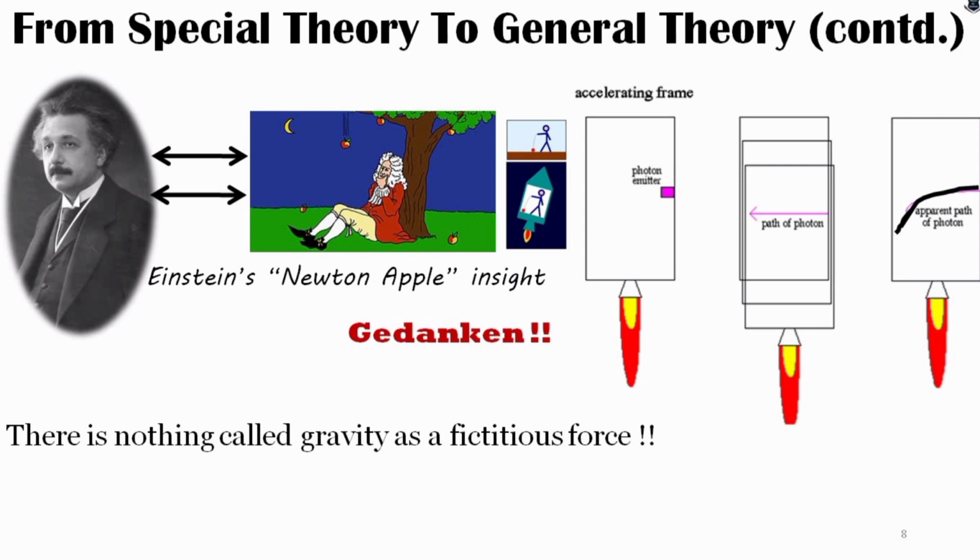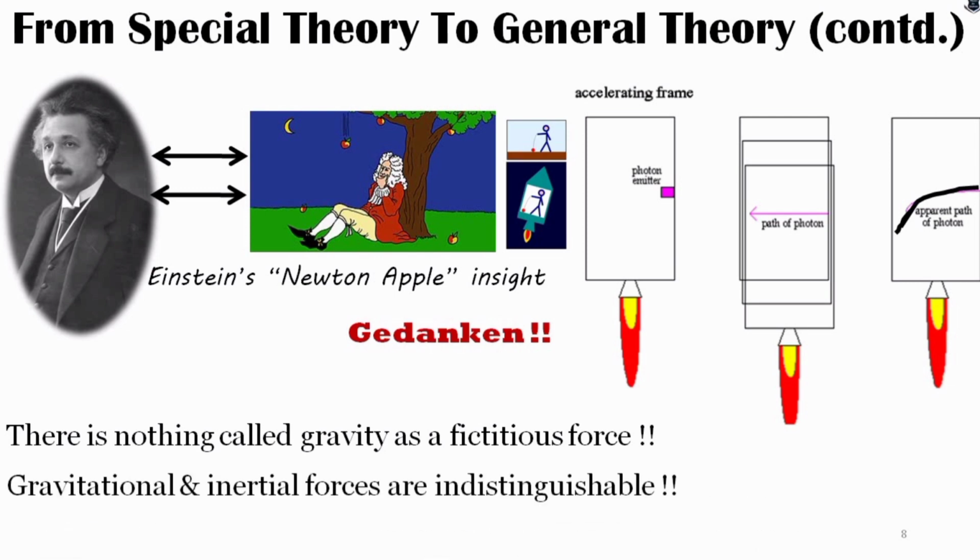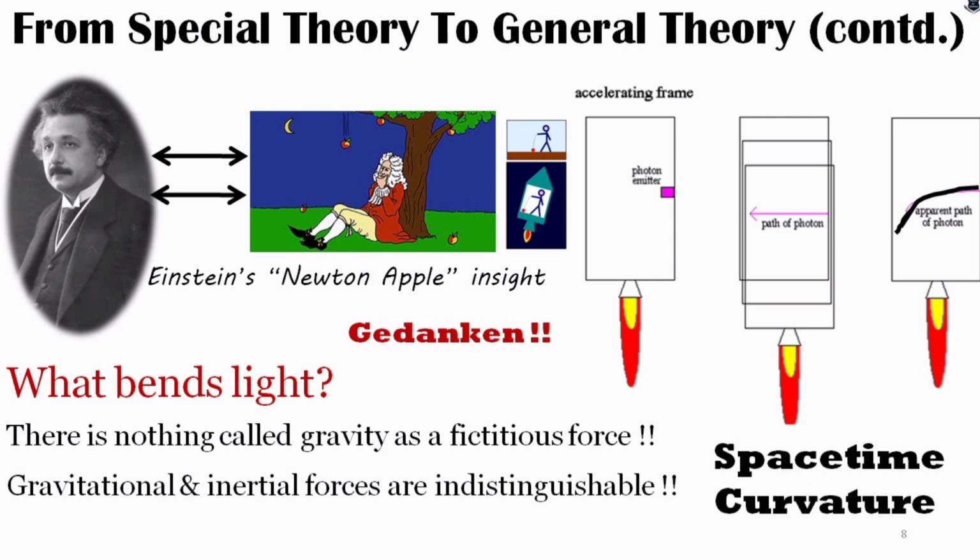So what is it that is causing the light to bend, right? There is nothing called gravity, and gravitational and inertial forces are often indistinguishable. So what is causing the light to bend? It is the space-time curvature. But hold on, we have not gone up to space-time curvature yet. I am saying that once the elevator is accelerating up, if we shine a photon, the light will apparently bend.